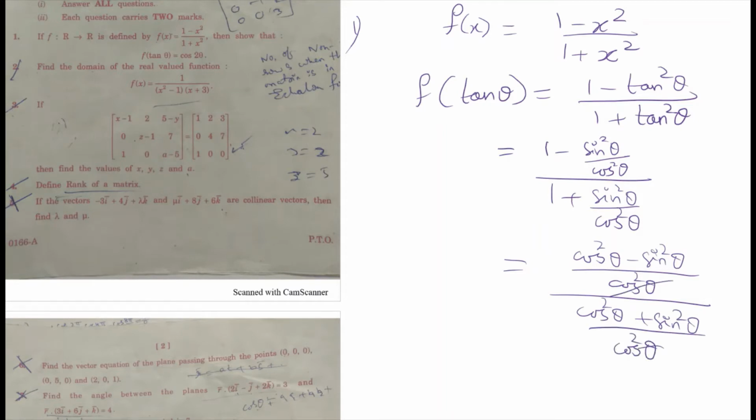I can cancel these two and this is 1. So finally I am left with cos squared theta minus sin squared theta, which equals cos 2 theta. That equals RHS.